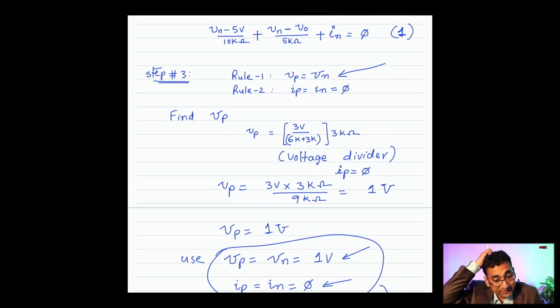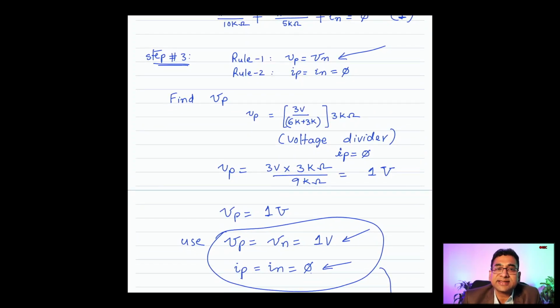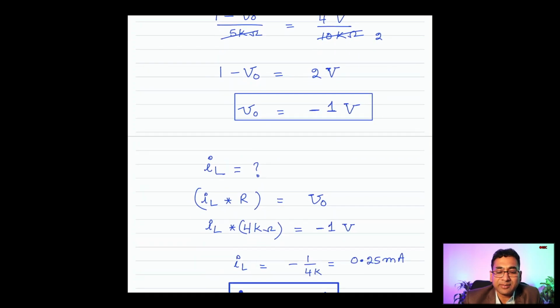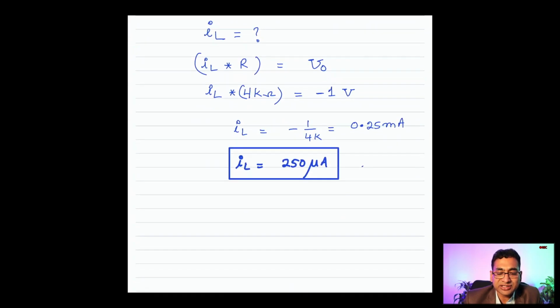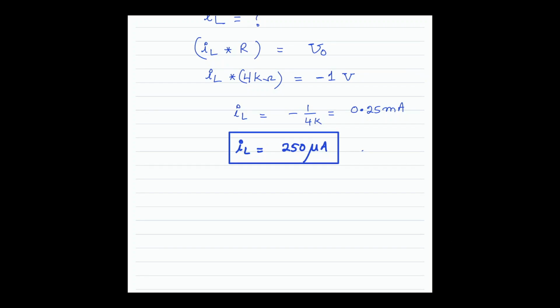Step 3 is to apply the rules, the voltage and current constraints. We apply the ideal op-amp rules. Then it's just a matter of arithmetic manipulation. So we'll stop there, and we will continue with one or two more examples.